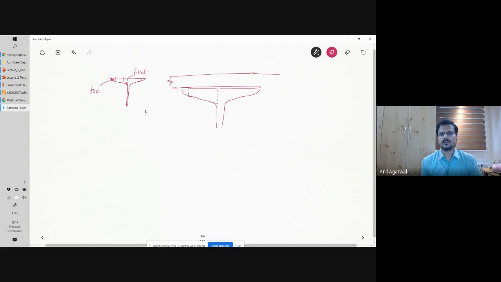What I would do is drill holes in the two plates, one is the flange and the other one is this plate. And then I'll try to put a bolt here. The bolt head will be sitting on this side, and there will be a nut maybe on the other side. I'm assuming that this is the nut and this one is the bolt head.